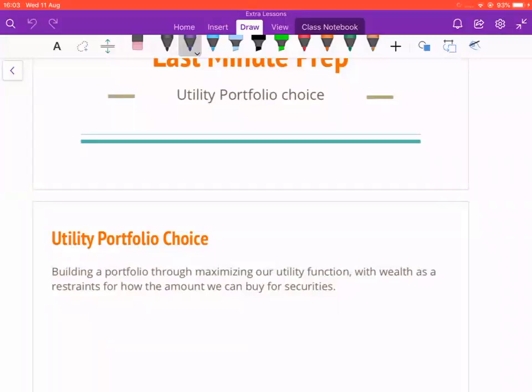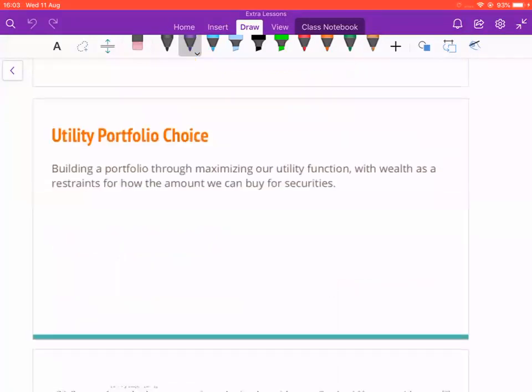But anyway, there's no one who came with any questions. So it means that I'm going to start on portfolio choices.